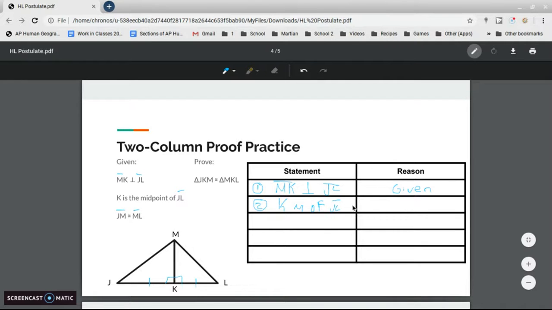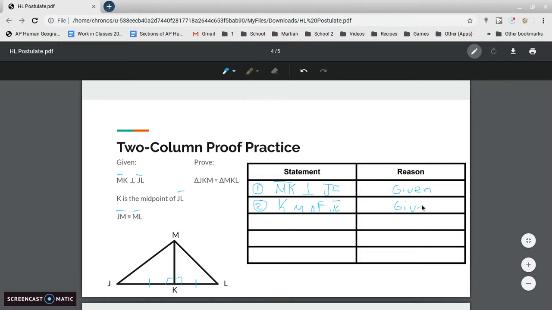So that's the second part that we need to prove this is congruent. We can already tell that, but that's something that we should write in this table. Now that we know that JK is congruent to KL, that isn't given. That just means definition of midpoint. So what's the definition of a midpoint? Well, that proves what we just said in the statement.